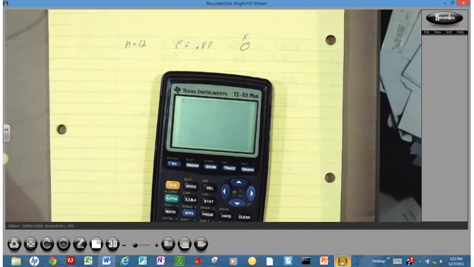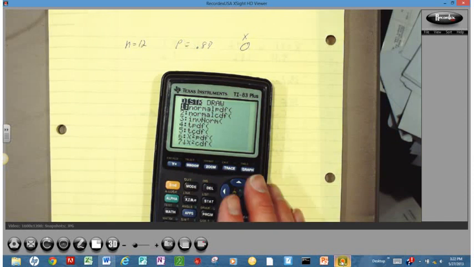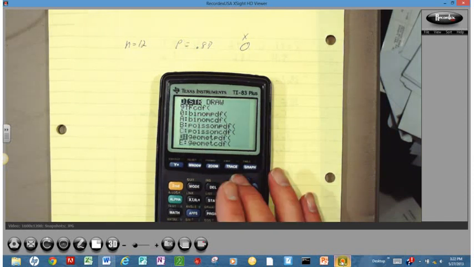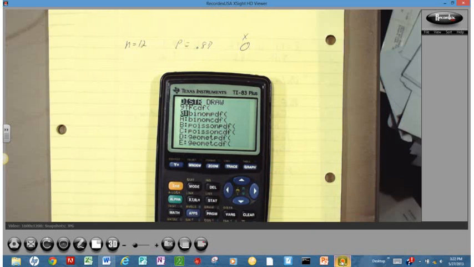And I'm going to go second, and then vars, and then we're going to go up to a binomial, and it can be a PDF here. We don't need a CDF, so we can go that, and the number was 12, comma 0.87, comma 0.